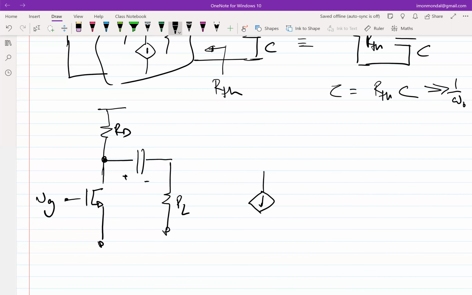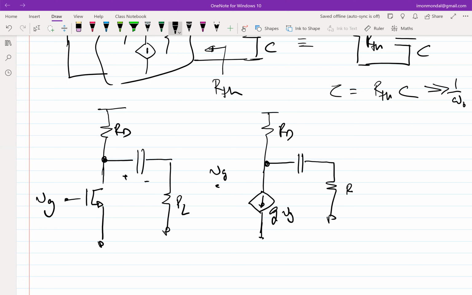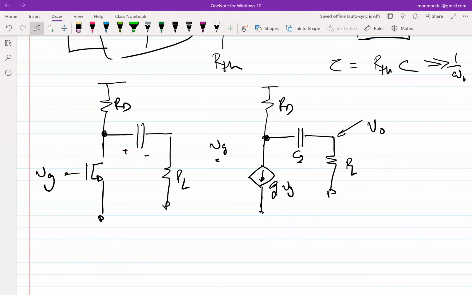I get gmVG, you had VG here, RD, RL, C2, and I need to figure out what the time constant on the capacitor C2 is. And going by the argument that I just laid out, if you buy into that argument of time constant, what will the time constant associated with C2 be?